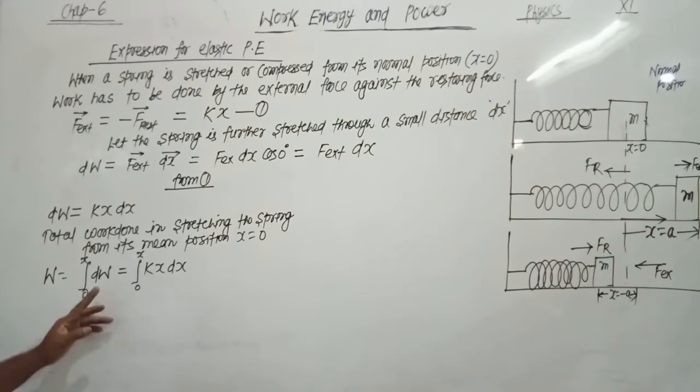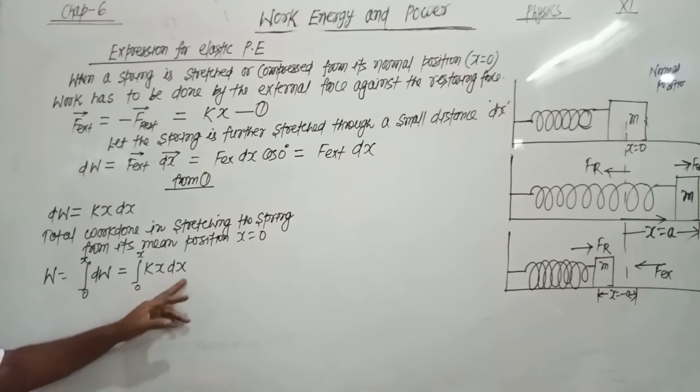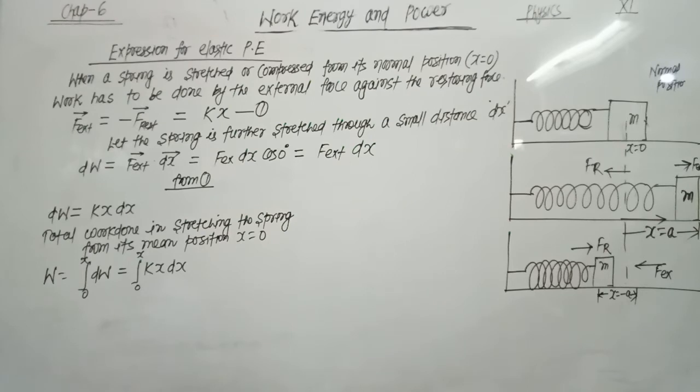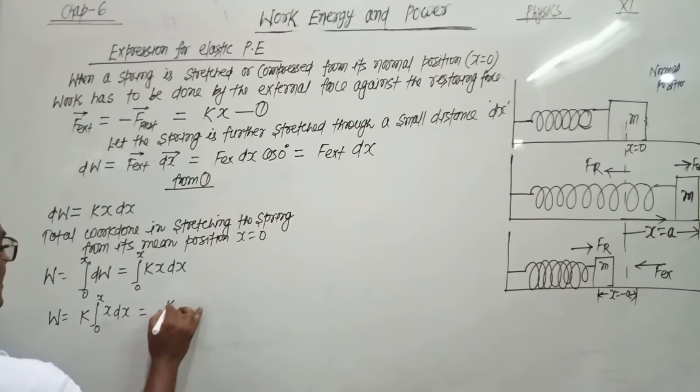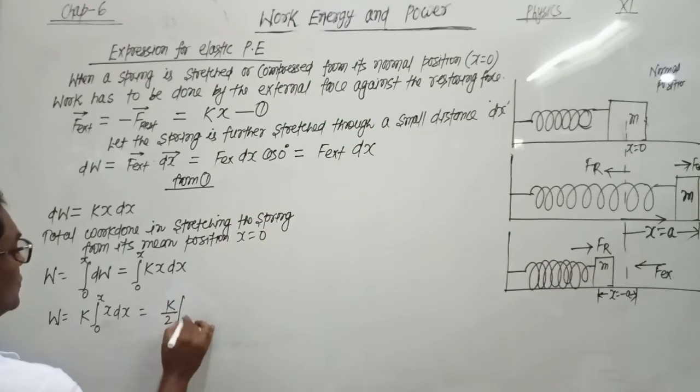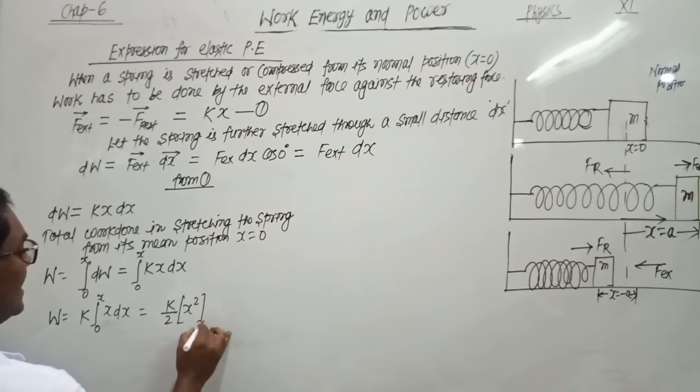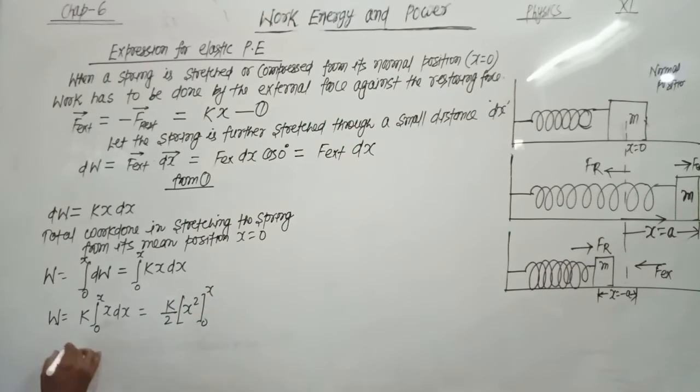The value of dW is kx dx. Now k is the constant, so it should be taken outside the integral, and integration of x dx from 0 to x is x square by 2. So k by 2 x square, limit from 0 to x.